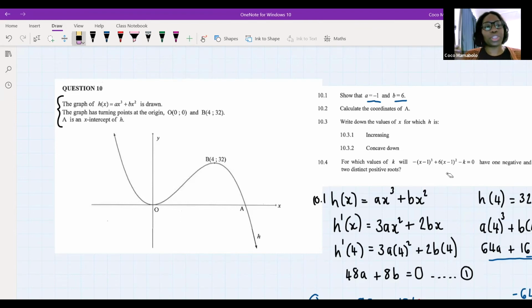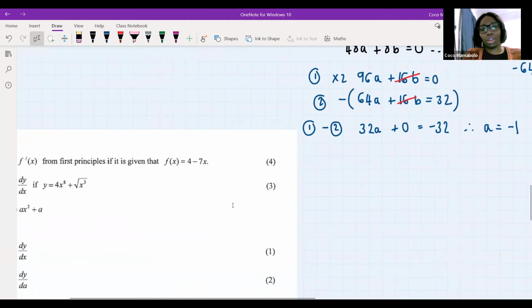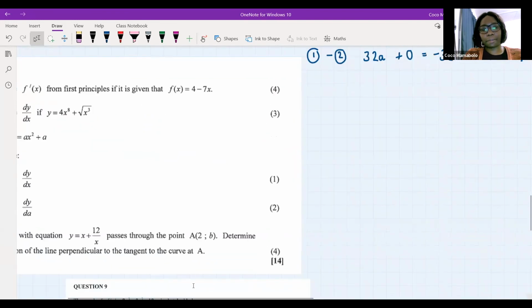I don't know how I'm going to marry these two ideas unless I go to question 7 and I ask you guys to take a screenshot and you guys can continue with that. And then I'll ask Teacher Lee to pick up from there and then we can continue with 10.2. I think that might be the better solution because we unfortunately can't be in two places at once. Okay, so I'm going to go down here.